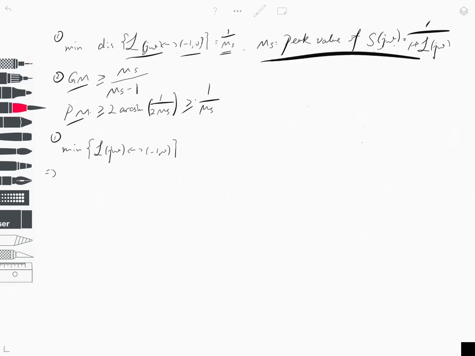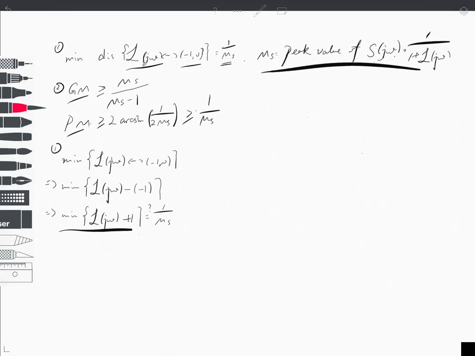An easy way to see this is by taking the difference of their coordinates, so it's L(jω) plus 1, and we take the minimum of this: min |L(jω) + 1|. This is the distance between L(jω) and -1, 0. This is supposed to be 1 over Ms, but we have to prove that, right?